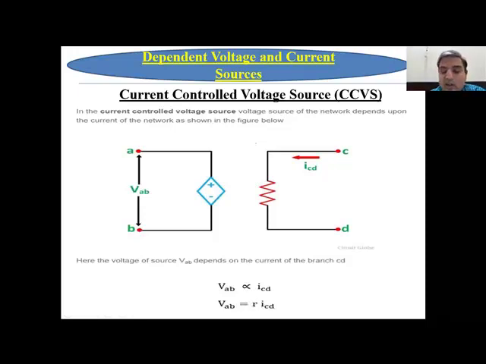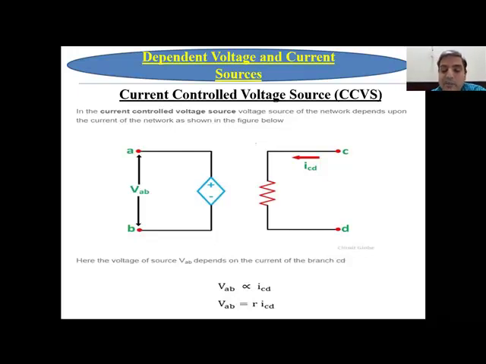If we want to calculate the unit of R, that will be given by VAB upon ICD, voltage upon current, that is equivalent to ohms. So if there is any change in the current across this resistance, or any change in the current value of ICD, correspondingly we will get a change in VAB. So this is the current controlled voltage source whose value is depending on the current component available either in the input side or output side.